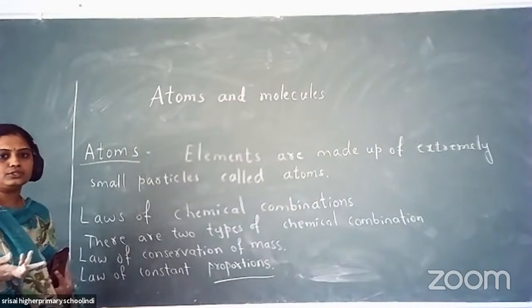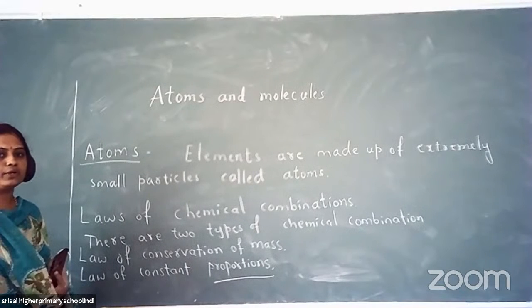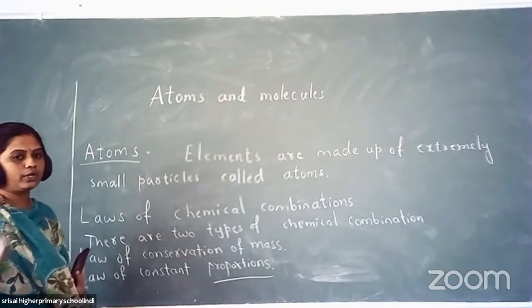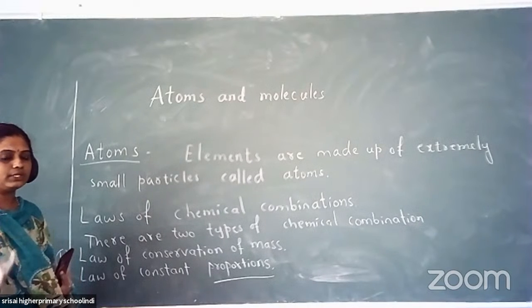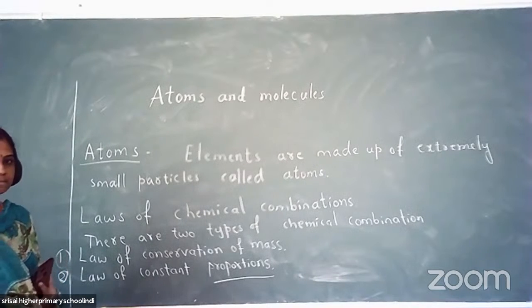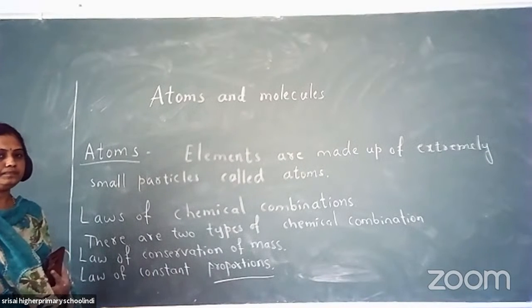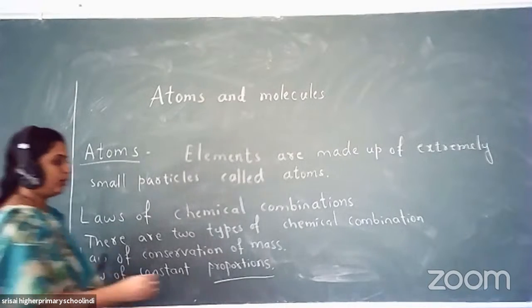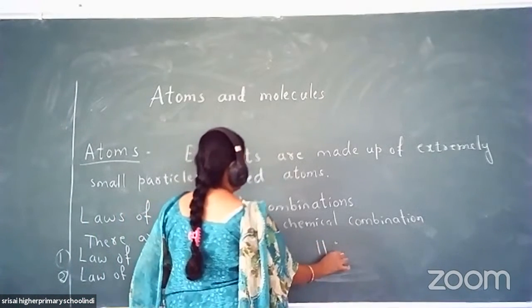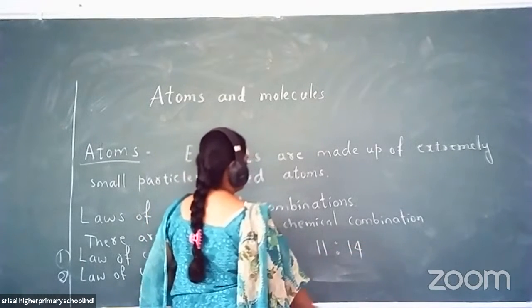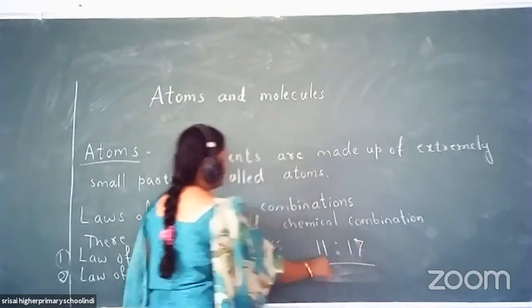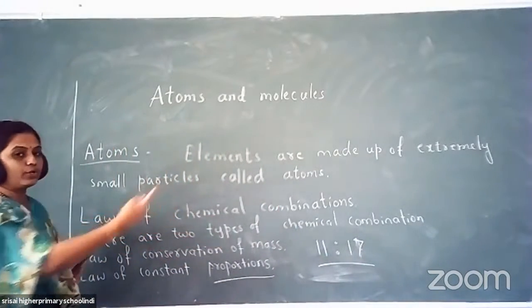Sodium chloride: wherever you get sodium chloride, the ratio will be the same. Sodium, what is the atomic number, students? 11. Chlorine is 17. Here you see that 11:17 makes sodium chloride.